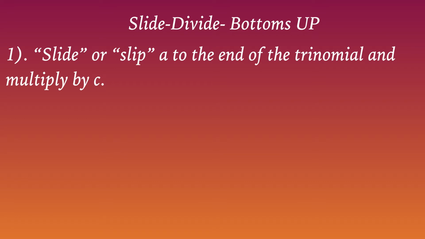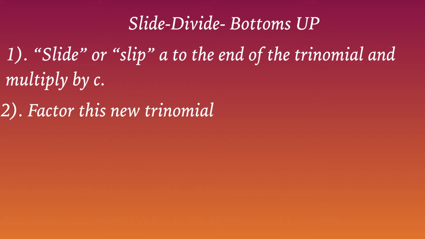So the first step, and I would write these steps down in this order, slide or slip a to the end of the trinomial and multiply by c. So you're going to get a new trinomial and it will have a factor of 1. And so you're going to factor that new trinomial just like we learned last week.